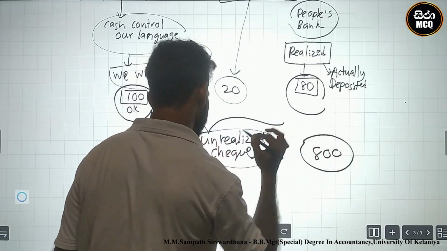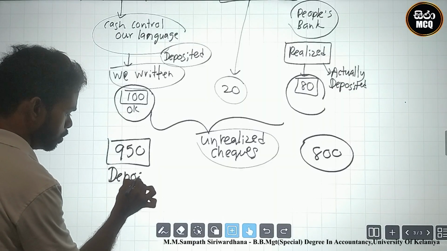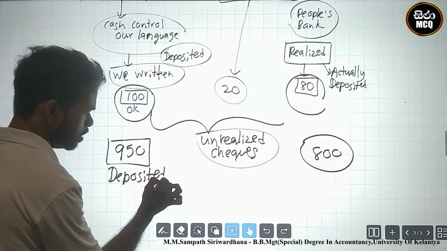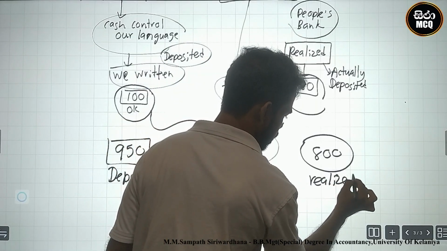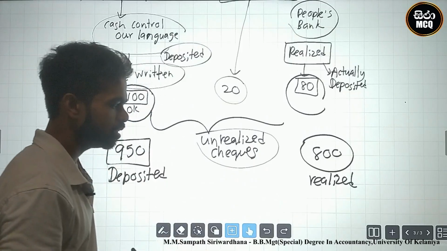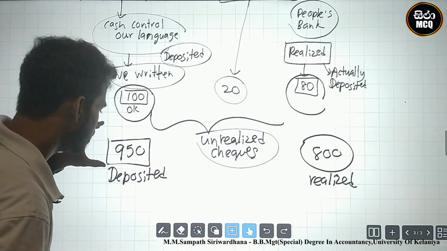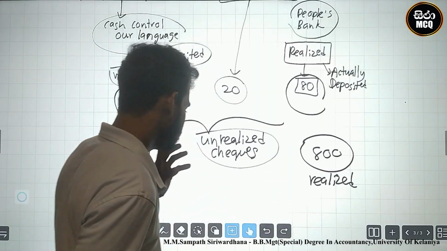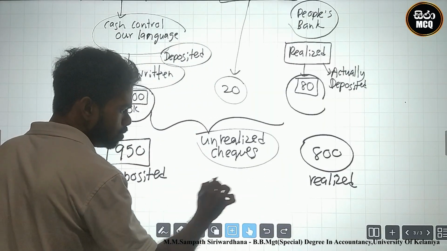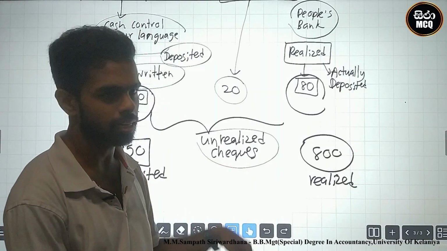This is the actual deposited, this is the realized. You can see that there is a difference. We deposited 950 and they deposited 800. There is a gap of 150. You can think 150 is an unrealized check.